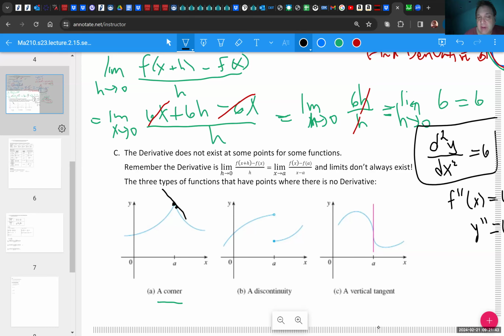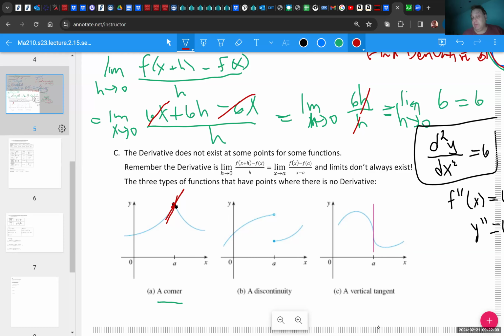I don't know, positive 2, positive 4, something like that. If I get closer, it's going to be a bigger positive number, positive 10 or positive 30. So if I get two points really close to each other, I'll get a very large positive slope at that point A. But instead, if starting at that corner point, I take a point to the left on the function and connect it to find what the tangent line is approaching, it's a large negative slope.